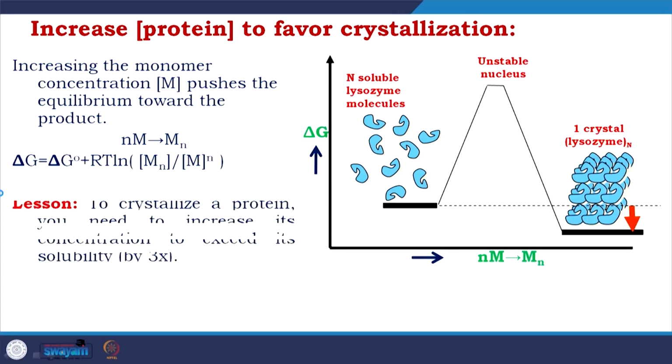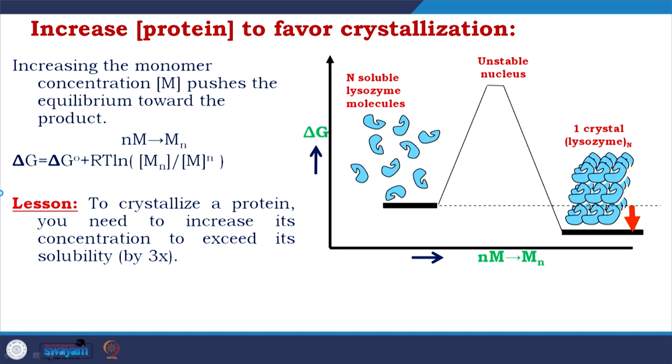We are looking at the thermodynamic equation of spontaneity in terms of free energy, and the lesson is that to crystallize a protein you need to increase its concentration to exceed its solubility.